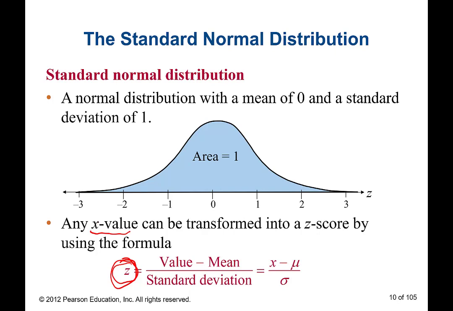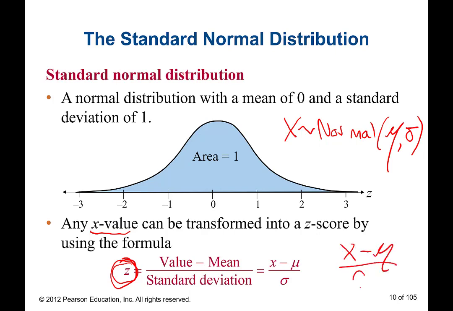So what we now know is if you have a random variable x and it follows a normal distribution with some mean mu and some standard deviation sigma, just by taking (x minus mu) divided by sigma, you are now creating a random variable that is distributed normal with mean 0 and standard deviation 1.